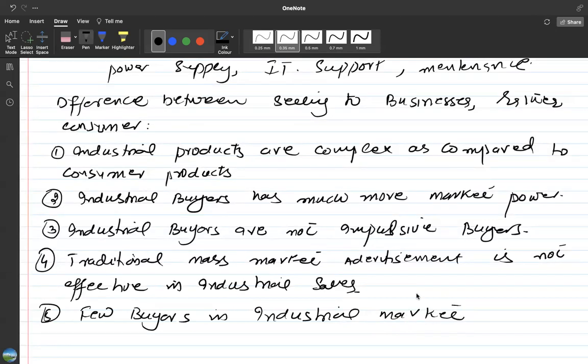Sometimes you will have to make a particularly differentiated, specific product for the industrial need of that specific buyer. So the product needs to be adapted to meet the needs of a particular business buyer. For example, you are installing an elevator in a hotel. The size and structure of the elevator will be different for every hotel. It cannot be the same for every hotel. So this was the introduction of consumer and industrial products, and why industrial products are different from consumer products.